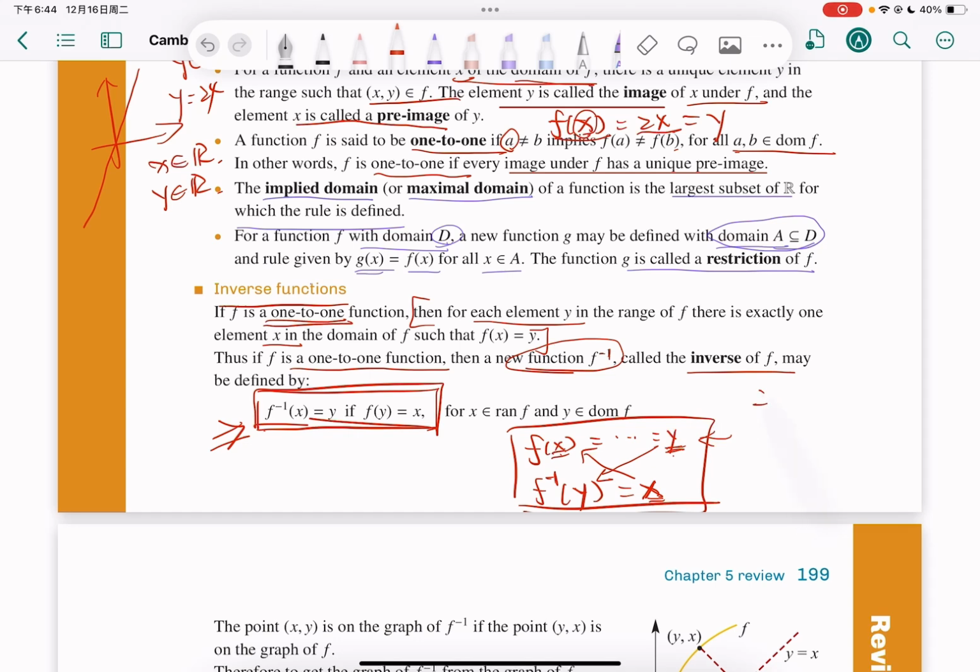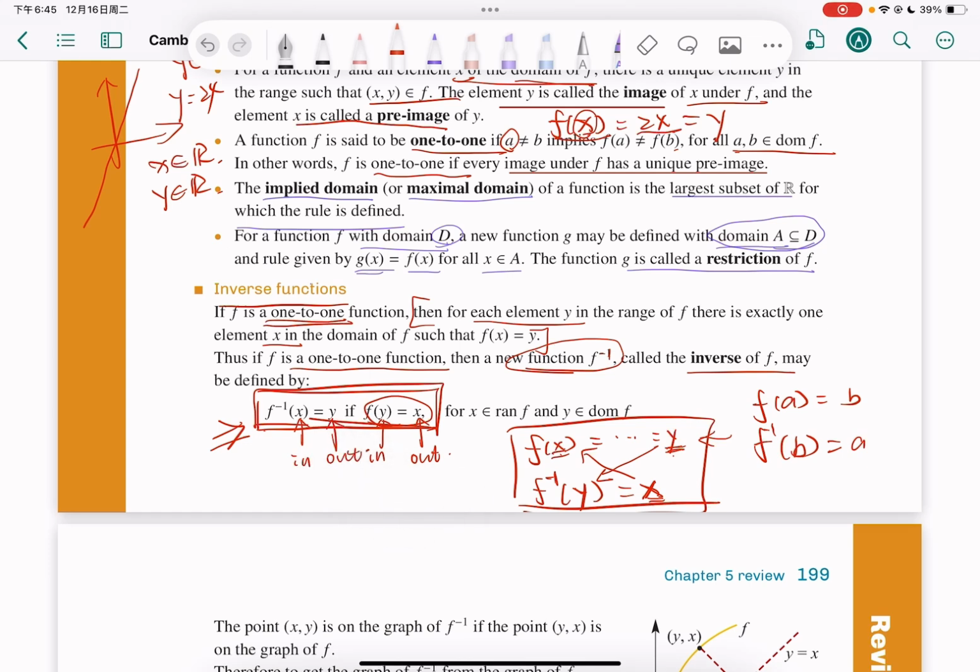If you define f(a) is equal to b, then the inverse function will give you f inverse of b to be a. So the same here. Let's look at this one first. If I define my input as y and output as x, so in the inverse function, I will have x as my input and y as my output.